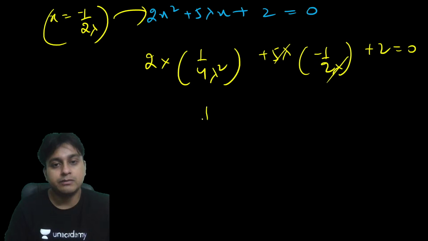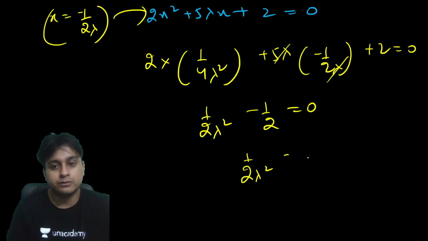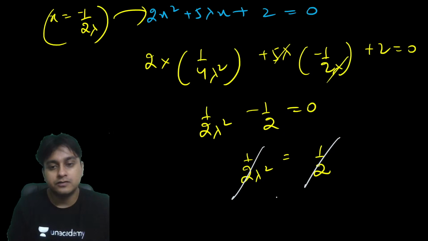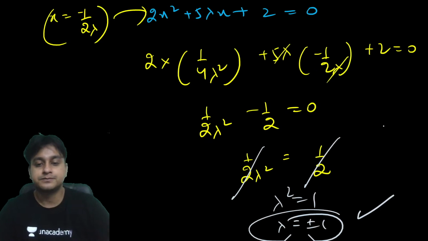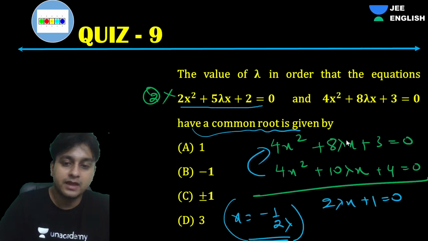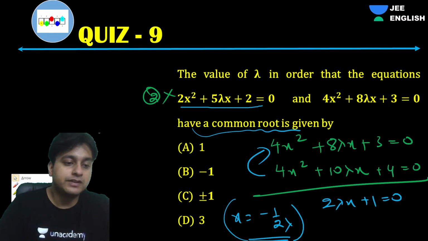We're getting 1 by 2 lambda square minus 5 by 2 plus 2, which is minus half, equals 0. So 1 by 2 lambda square equals half. We're getting lambda square equals 1.